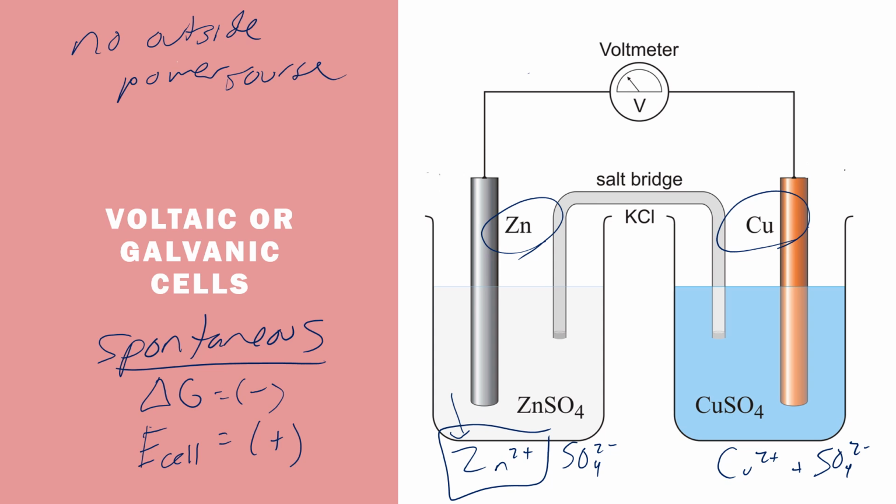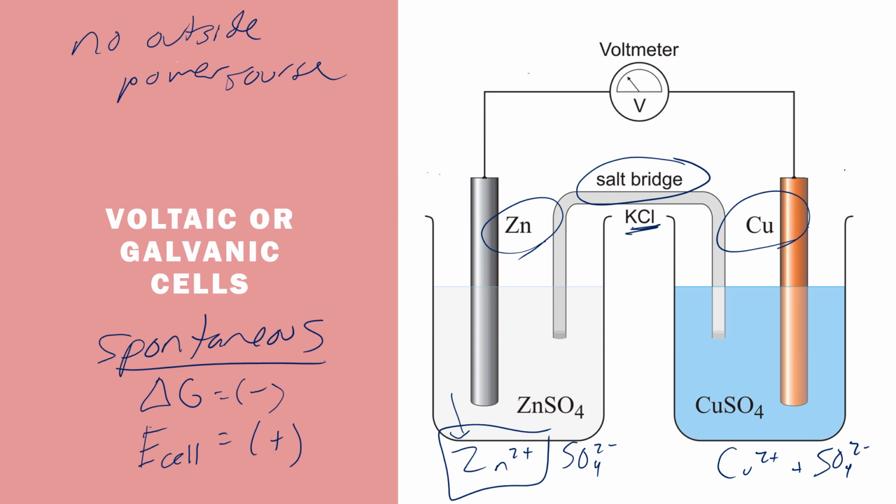Then, in addition to connecting with the wire, you will also see the two connected with what's called a salt bridge. That could look a lot of different ways. So it could be a bridge of salt. Sometimes it's in a glass tube packed with a salt, like potassium chloride. It should be a soluble salt.